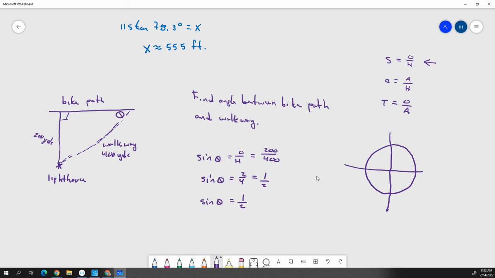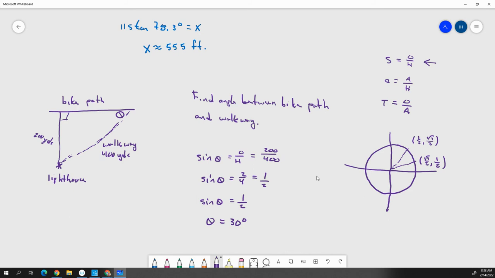When we had these acute angles, at 60 degrees we had 1/2, radical 3/2, and at 30 degrees we had radical 3/2, 1/2. So that makes sense. Theta equals 30 degrees.